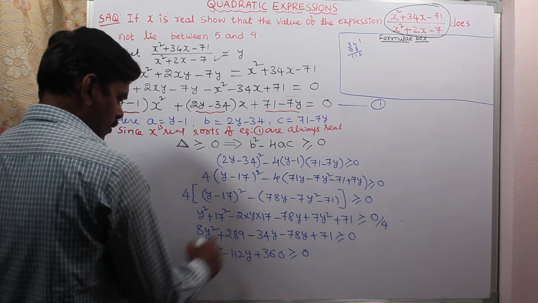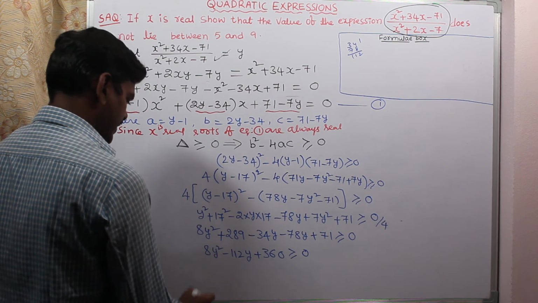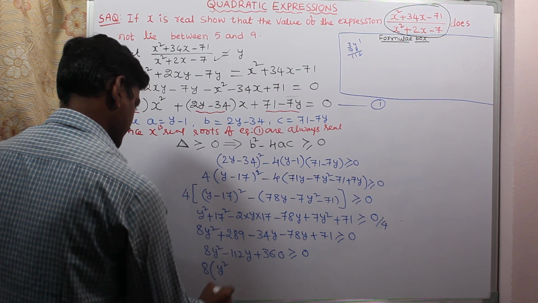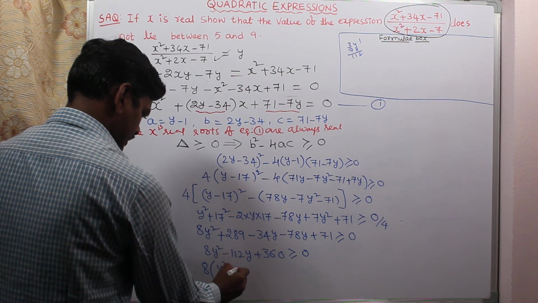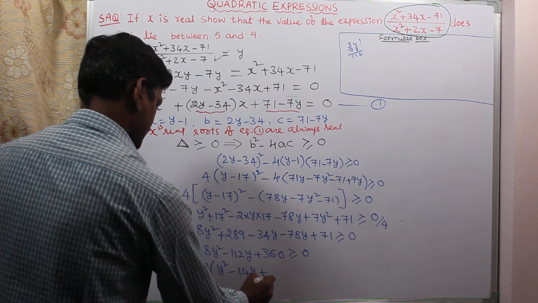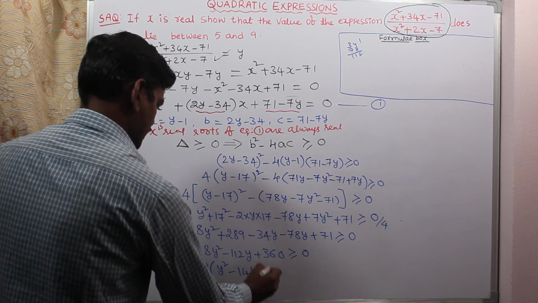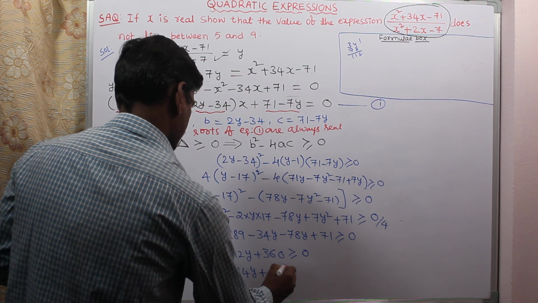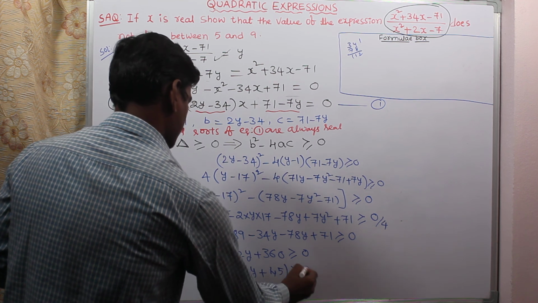We can take 8 common from each and every term. After taking 8 common, we are left with y square minus 14y, plus 360 divided by 8, which is 45, greater than or equal to 0.